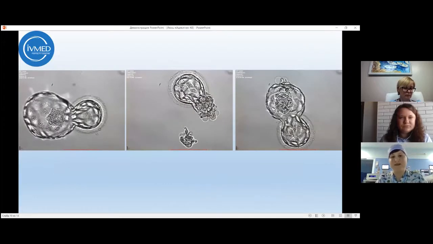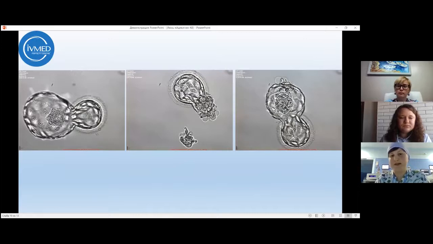This 3-photo series of one embryo shows that the embryo really can survive after biopsy. It's not a traumatic procedure. You can see the embryo before biopsy. You can see the embryo right about 1 second after biopsy. You can see the trophectoderm piece that we sent for genetic testing, and you can see the same embryo 2 hours after biopsy.